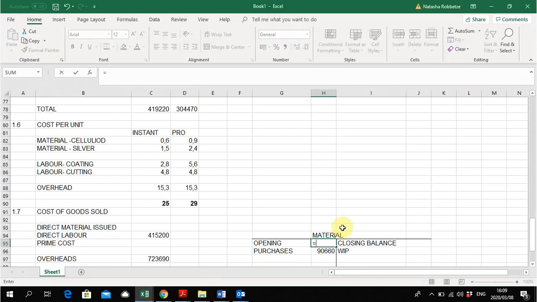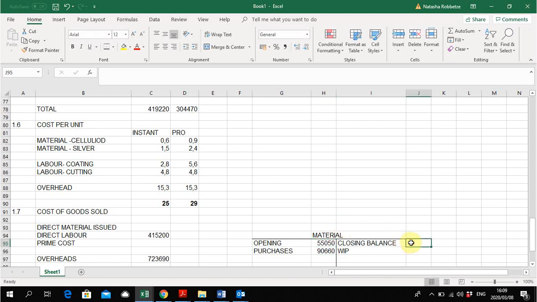So in opening stock, I'm going to say it is then the 2,700 times R1.50 plus the silver, which was 8,500, yeah, it's R6. Let me just double check what I'm saying here.